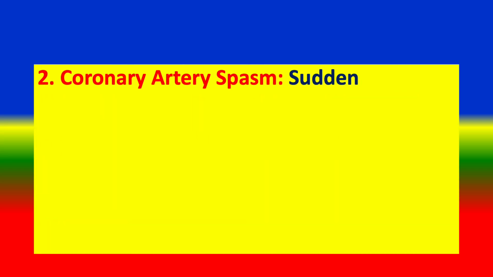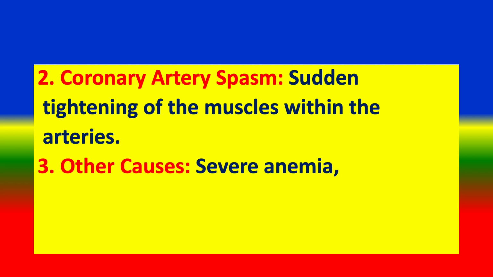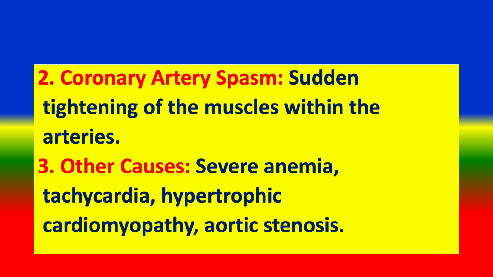Coronary artery spasm, sudden tightening of the muscles within the arteries. 3. Other causes: severe anemia, tachycardia, hypertrophic cardiomyopathy, and aortic stenosis.